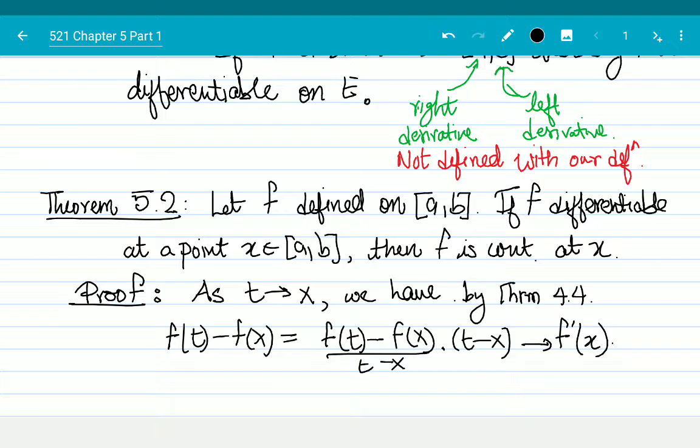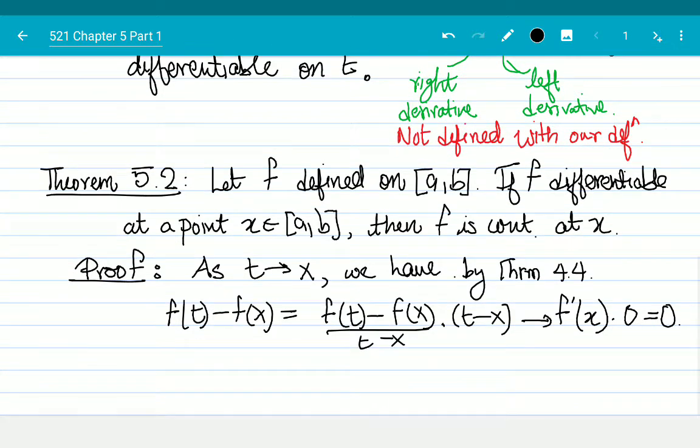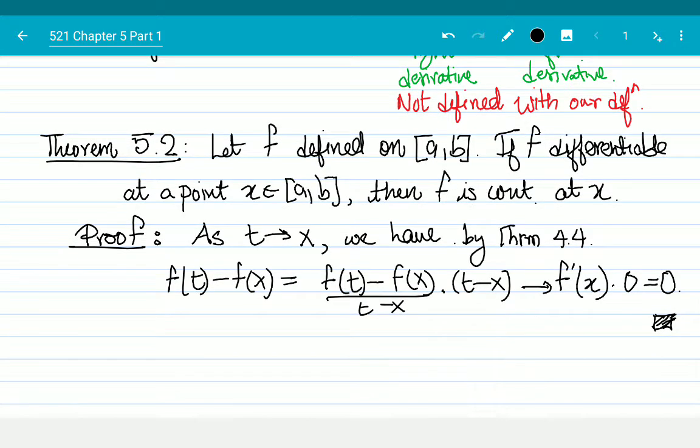While the book does not necessarily say the limit has to be finite, I'm going to say the limit exists if and only if it is finite. So f prime of x times 0 is equal to 0.